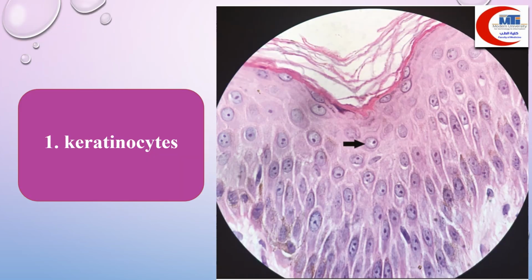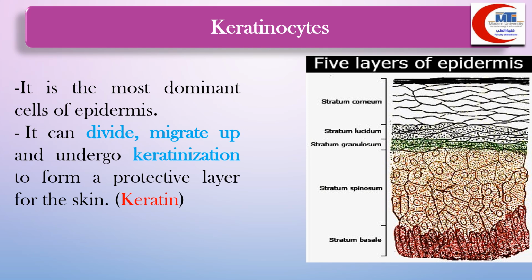Let's start with the keratinocytes, the first type of the cells. Keratinocytes are the most dominant cells of the epidermis. They can divide, migrate up, and undergo keratinization to form a protective layer for the skin, which is the keratin.